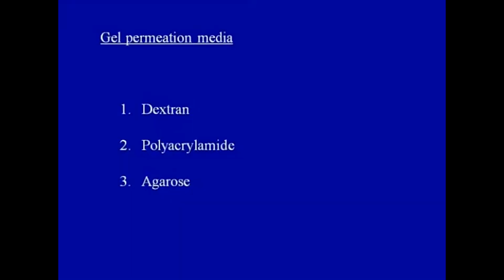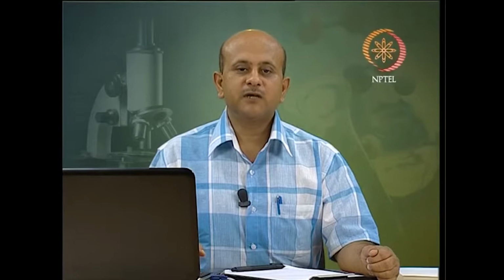First is gel permeation media. When you take the media, there are certain properties this column material should have. One is that it should be completely inert with respect to the molecules being separated. If it is not inert, then non-specific binding or adsorption might be a big problem.